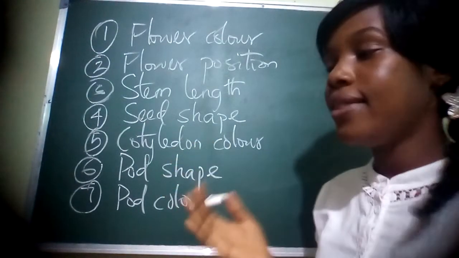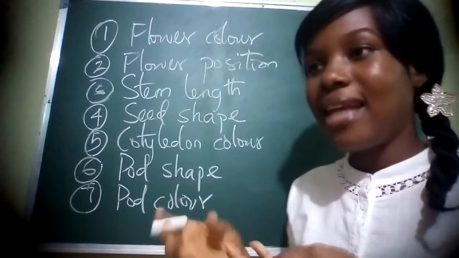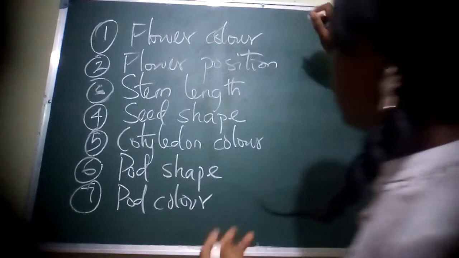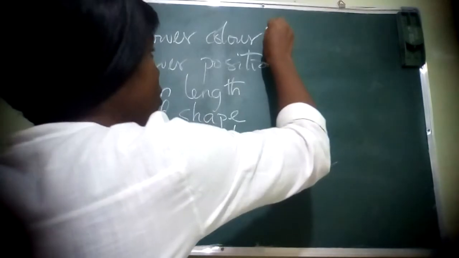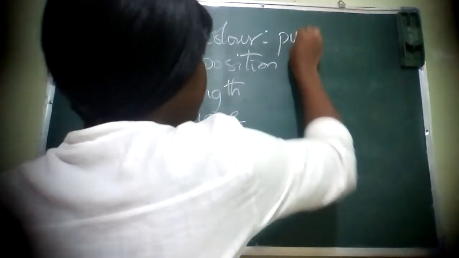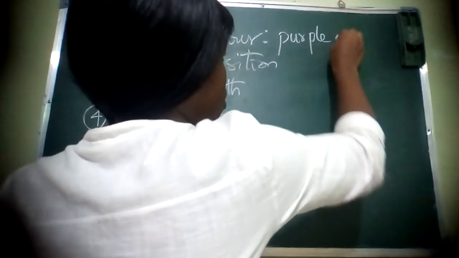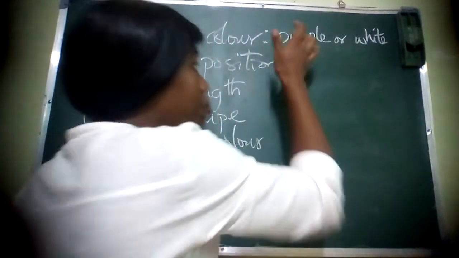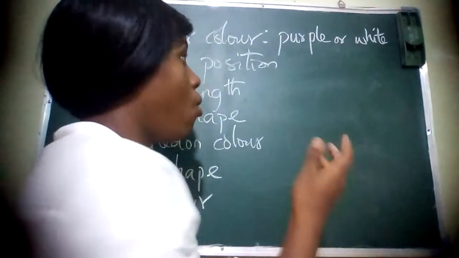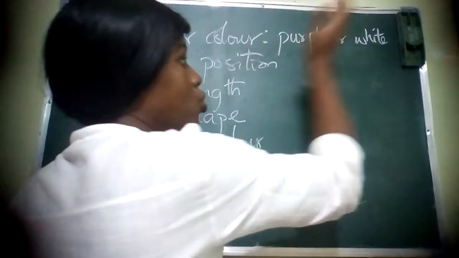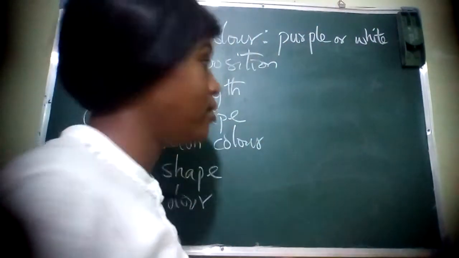He saw that in each plant, let me explain it this way. For flower color, he discovered that he had purple or white. So a plant will either have purple flowers or white flowers, no intermediates, just these 2 extremes, purple, white.